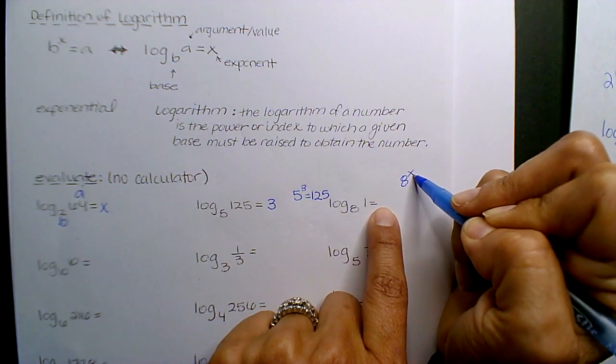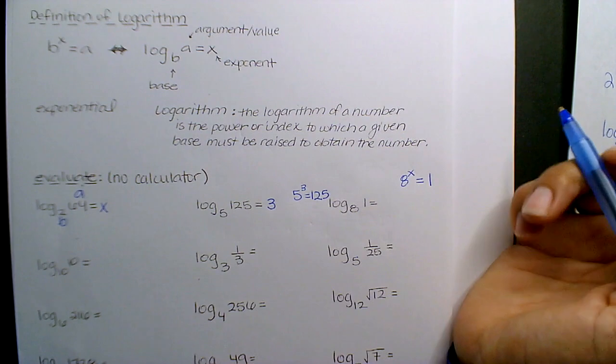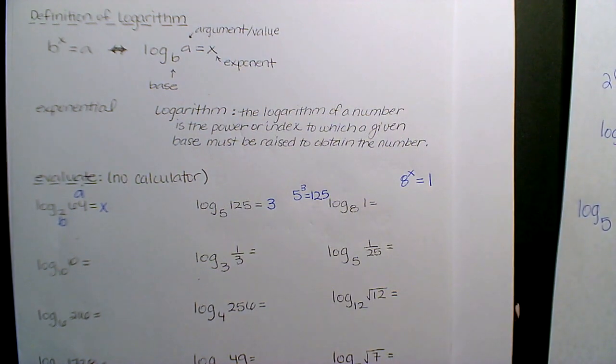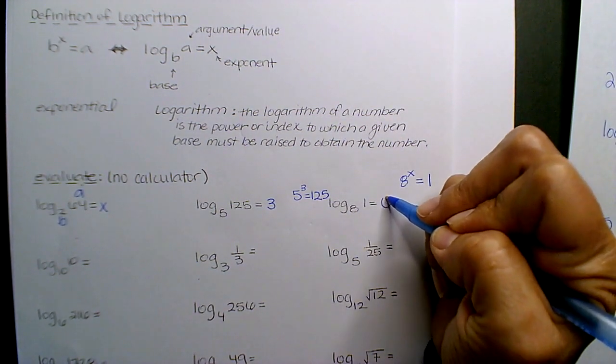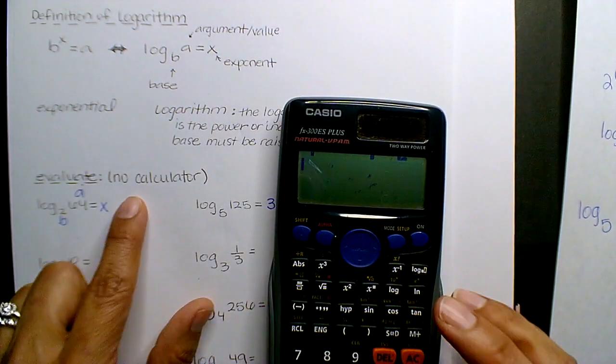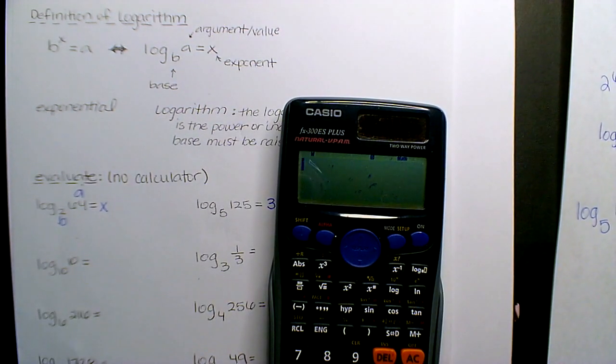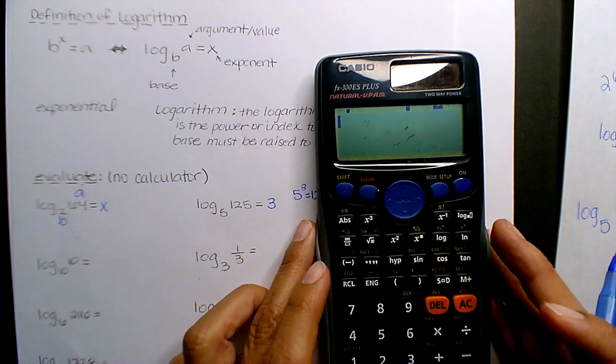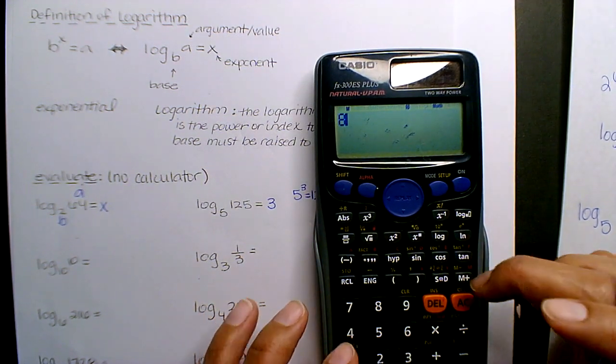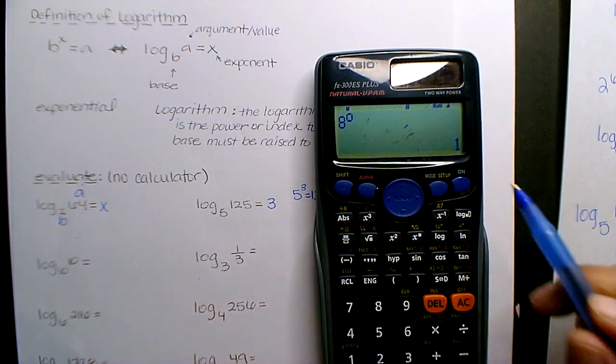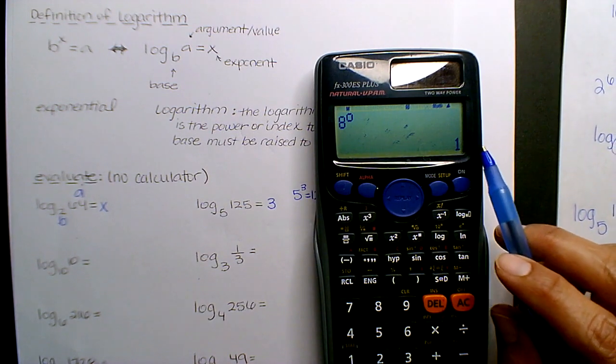What exponent gives me 1? Or 0. Yes, 0. I know it says no calculator, but I'll show you right now. 8 to the 0 power. Remember, everything to the 0th power is 1.